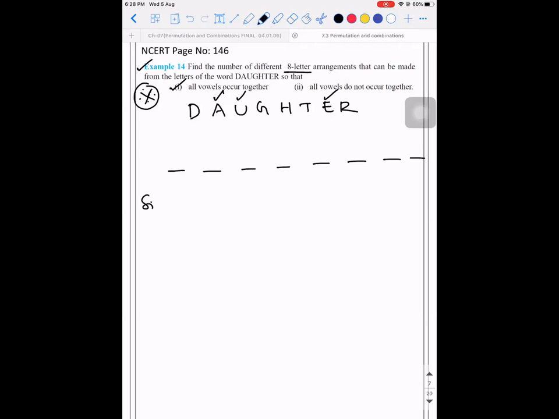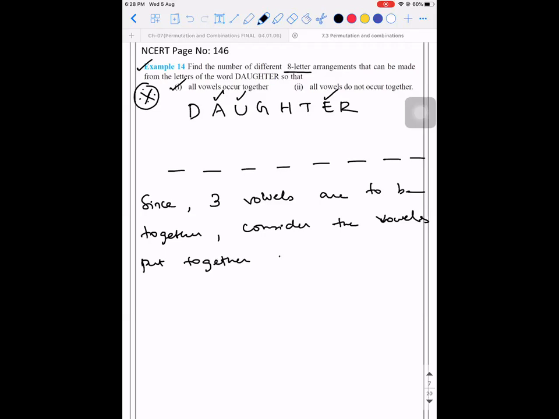So look at the explanation that I'm giving. Since the 3 vowels are to be together, what I can say is consider the vowels put together as one object.